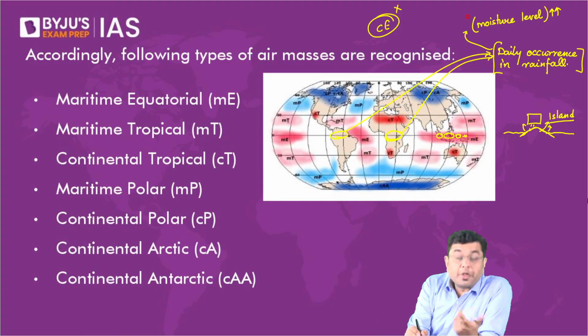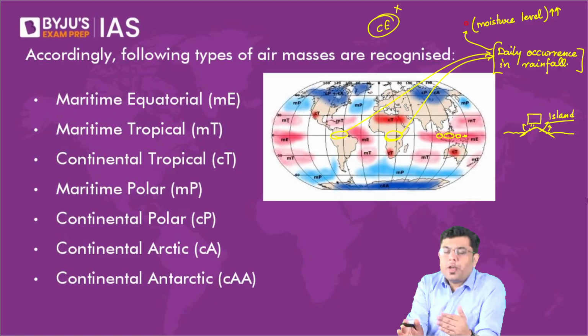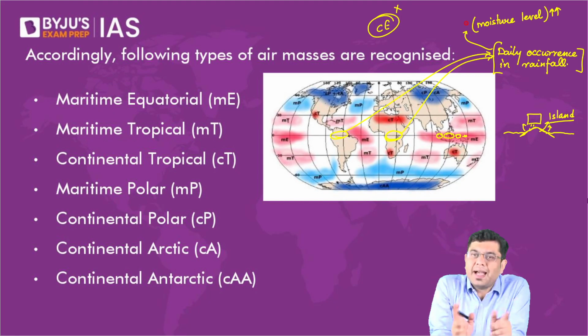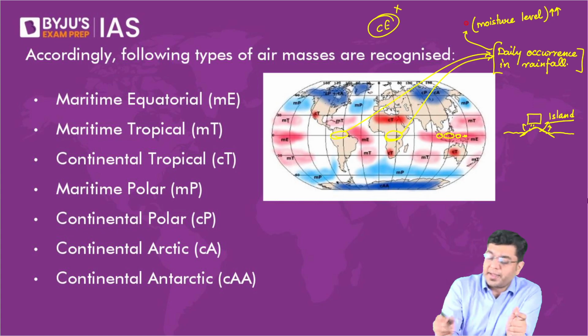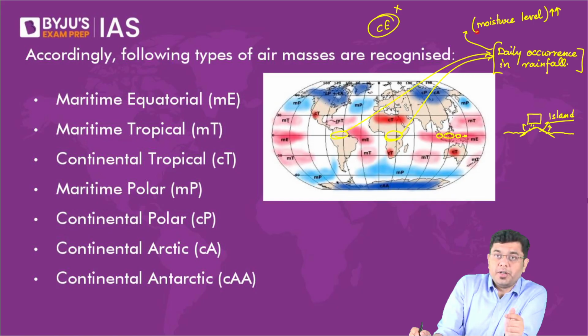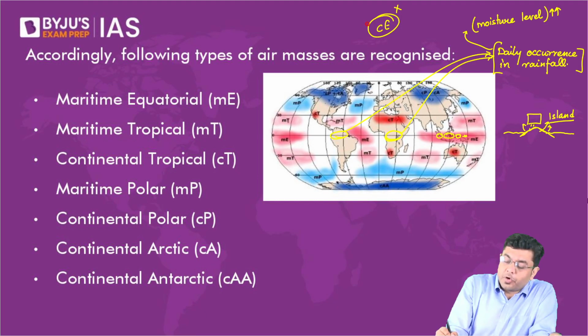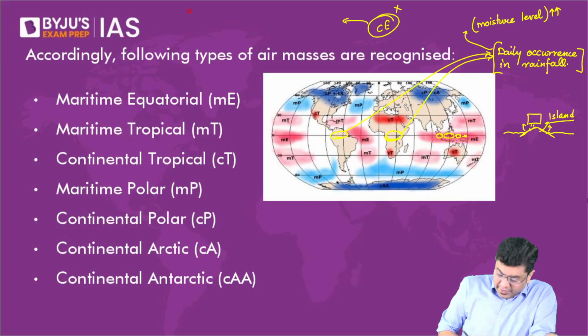Now, if the humidity level is high, you cannot declare an air mass to be continental because, as I told you, continentality is associated with the dry conditions or a dry characteristic. In this case, as the moisture level is high, you cannot have that as a continental air mass. So continentality is always associated with dryness. I will write it down here.